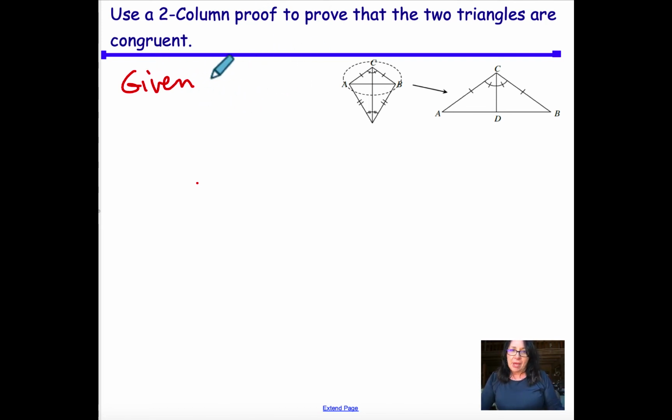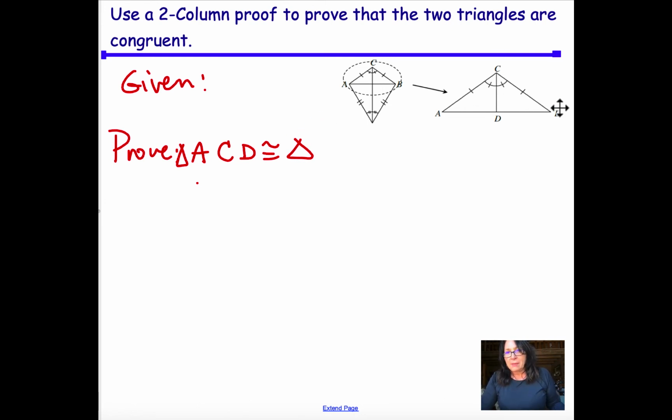I even like that better because what we are trying to prove is that triangle ACD is congruent to triangle BCD.